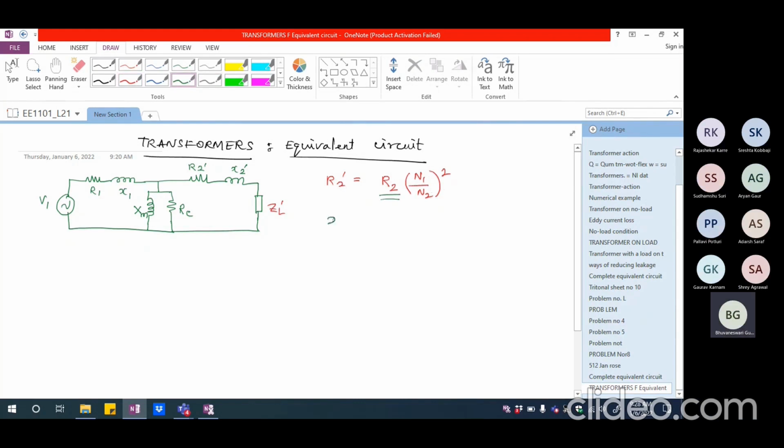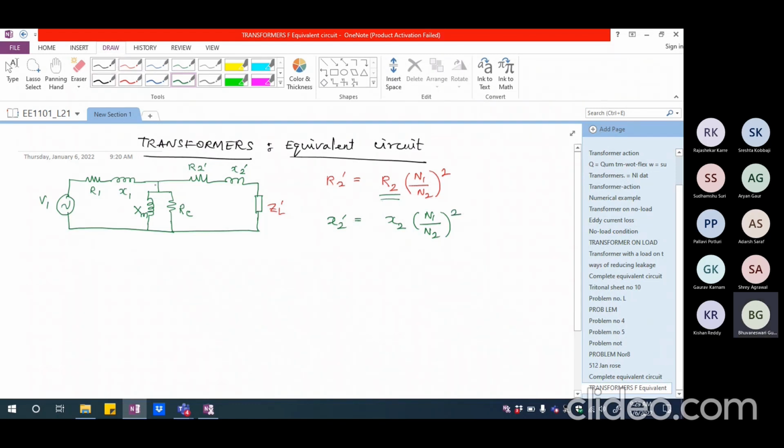So X2 dash, the same way we wrote that as X2, whatever is the original leakage reactance of the secondary side multiplied by (N1 divided by N2) the whole square. I have just reiterated whatever we did in the last class in terms of the equivalent circuit of the transformer.